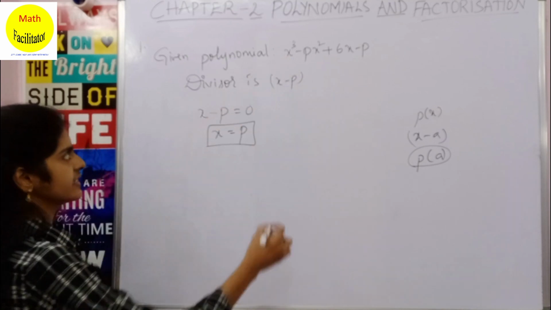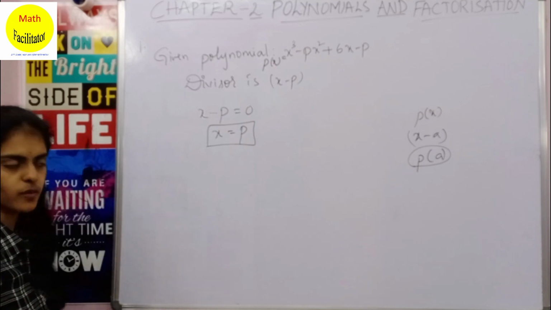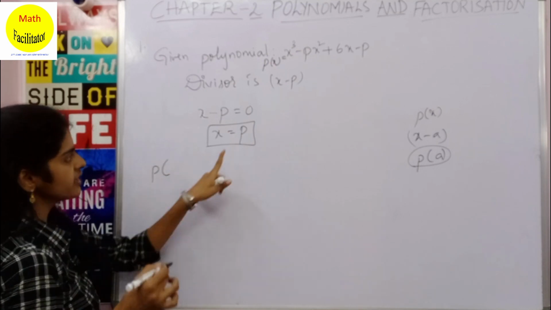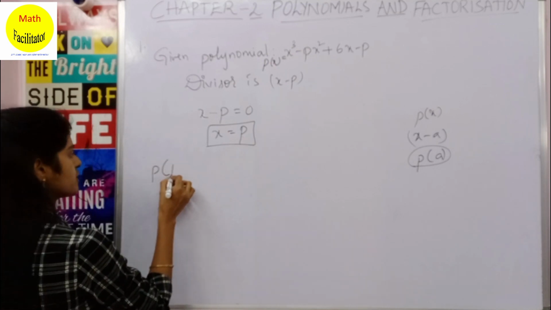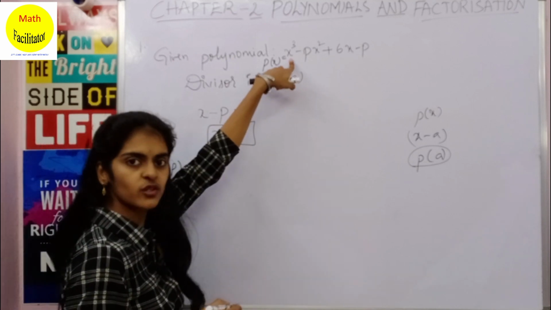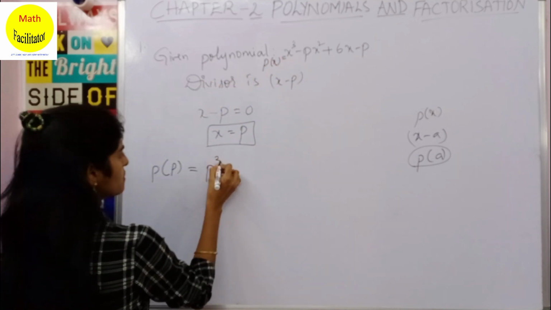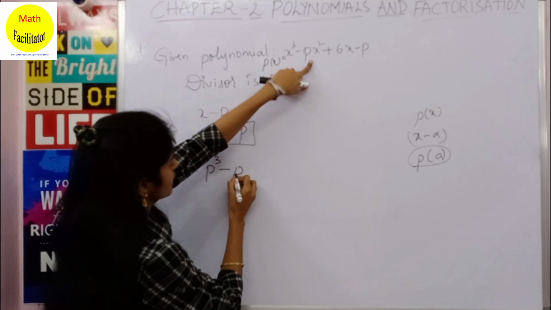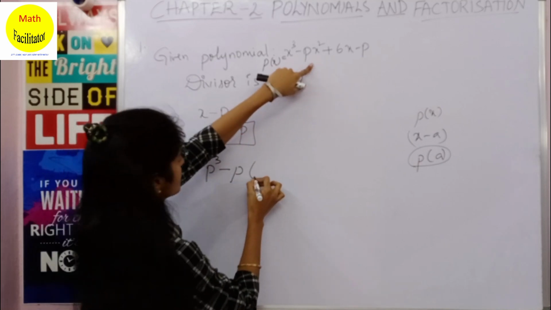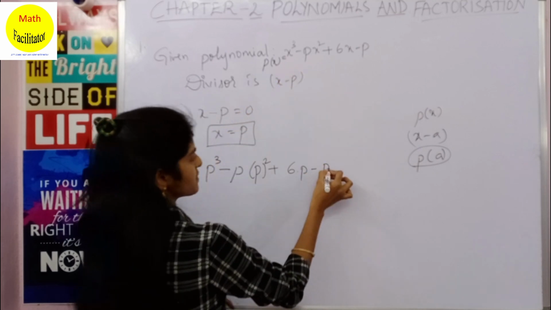Take this polynomial as p of x. Now x is p, so you will substitute p of p. So p of p is nothing but, in the place of x you will write p. So x cube is p cube, minus p into, in place of x you will substitute p, so this is p into p square, plus 6 into p, minus p.